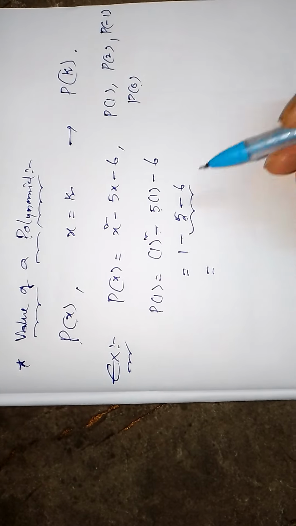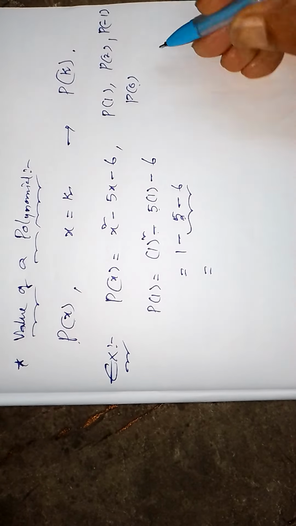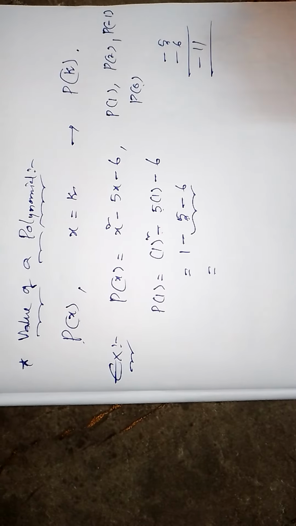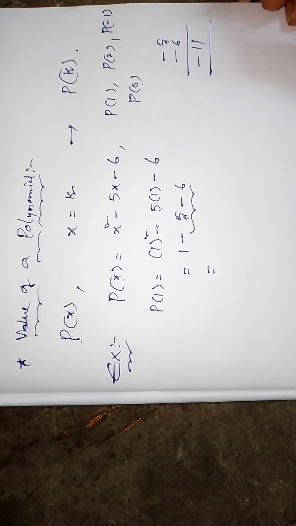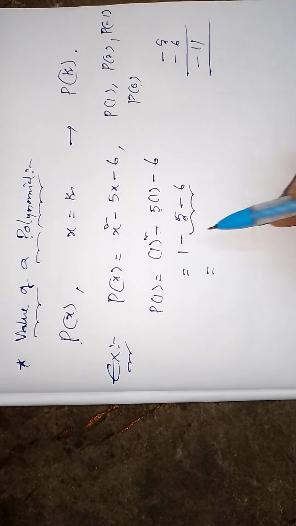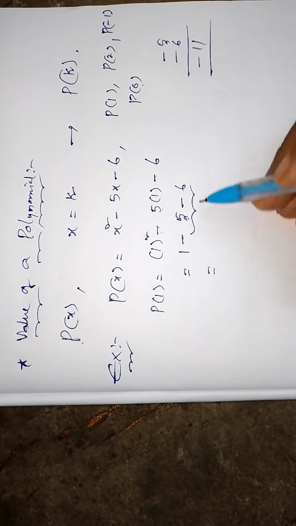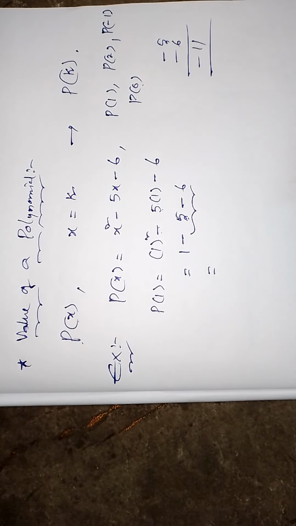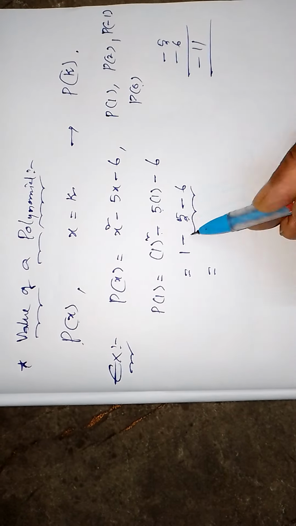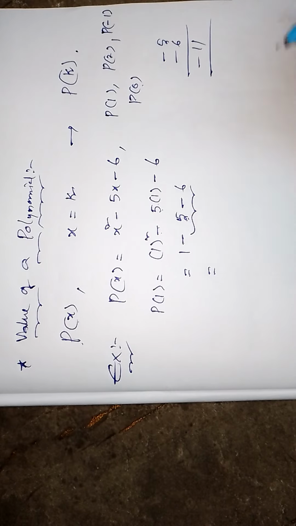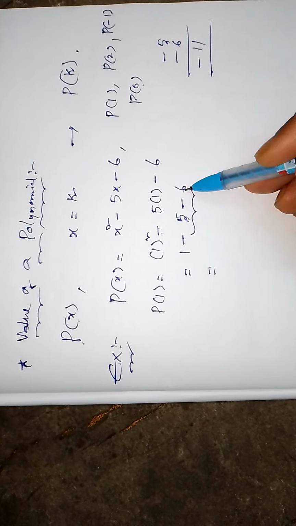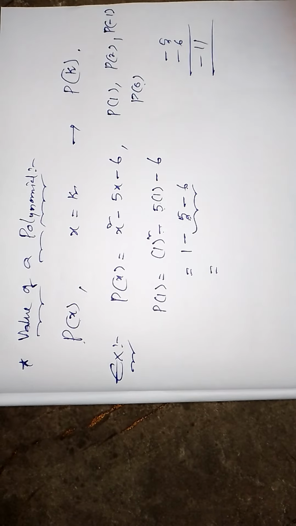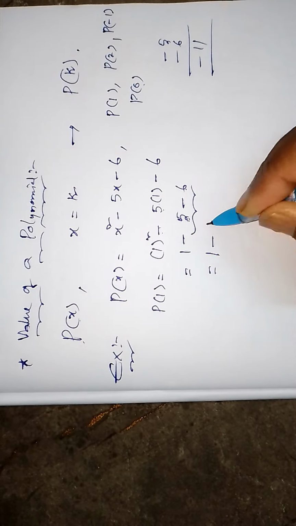We should add these two values: minus 5 minus 6 equals minus 11. Numbers having the same sign, you don't pronounce like minus into minus. Whenever we have a multiplication sign, only then you pronounce minus into minus. But here there is no multiplication sign. These numbers have the same sign, so add them and keep the same sign. So 1 minus 11.